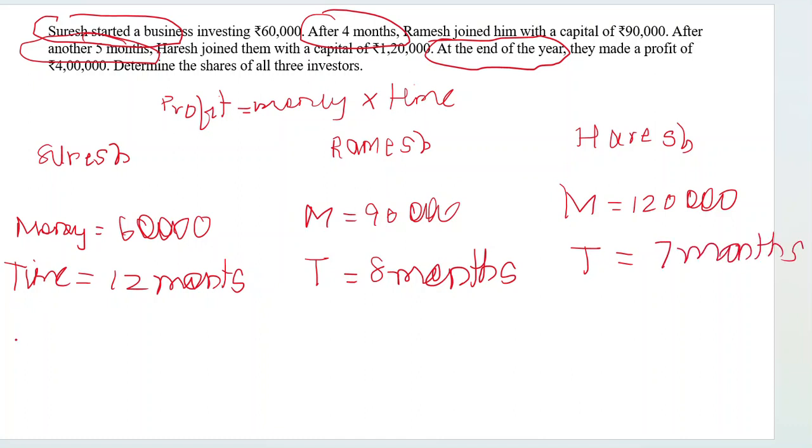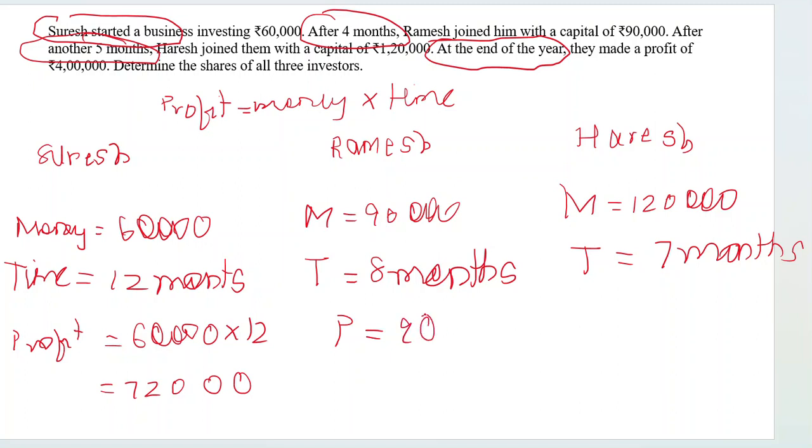So the profit in this case will be 60,000 into 12, which turns out to be 72,000 with 4 zeros. Profit in this case is 90,000 into 8, which is 72, again with 4 zeros. 8 9s are 72, 9 9s are 81, correct. 9 8s are 72, okay.